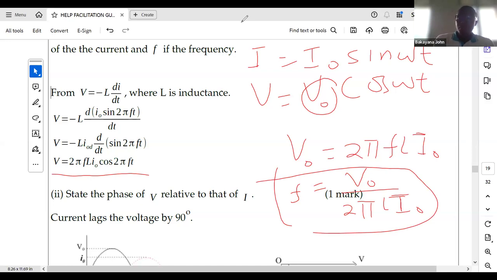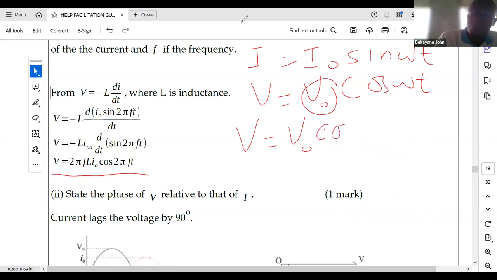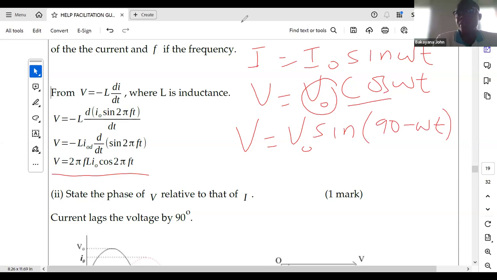Is that okay? So now when you plot these two graphs, the graph of I and the graph of V, you see that one will be leading the other by 90 degrees, because if I'm expanding V in terms of I, then V is going to be V naught cos omega t, and we know that cos omega t is the same as sine of 90 minus omega t.